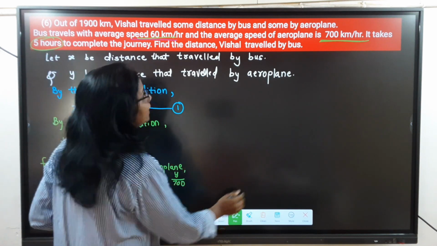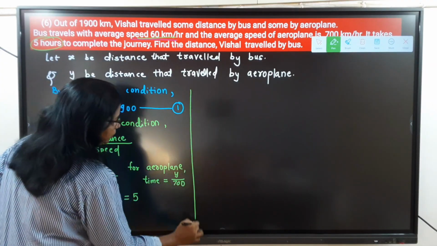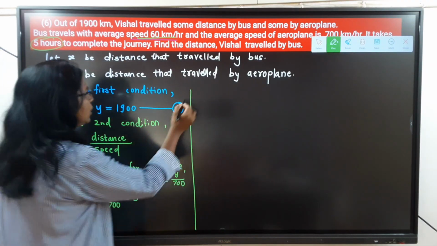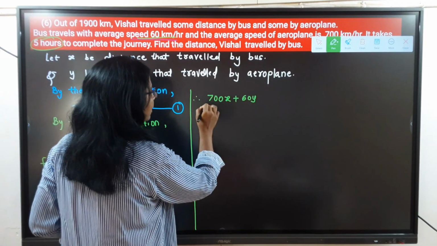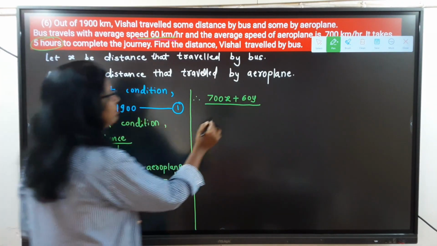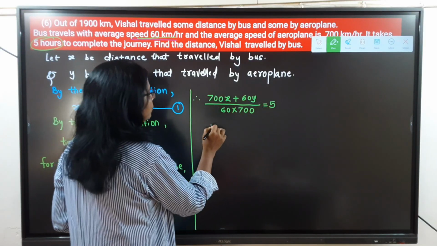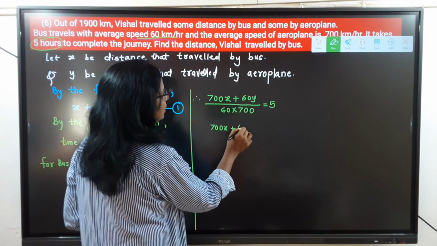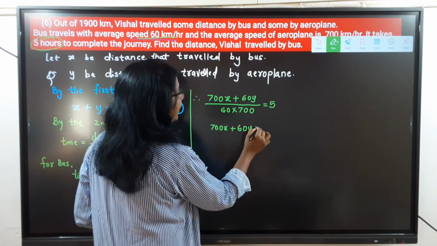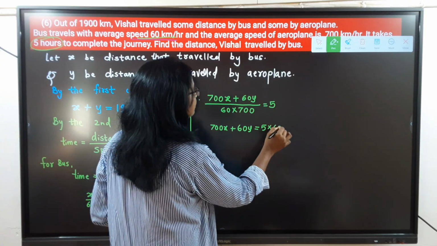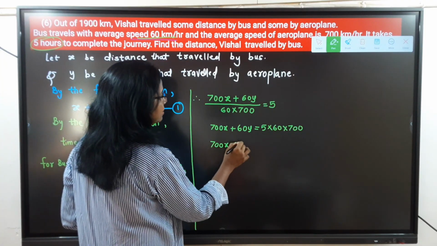Now I do the cross multiplication: 700x plus 60y upon 60 multiplied by 700 is equal to 5. Therefore 700x plus 60y, I write directly, is equal to 5 multiplied by 60 multiplied by 700.